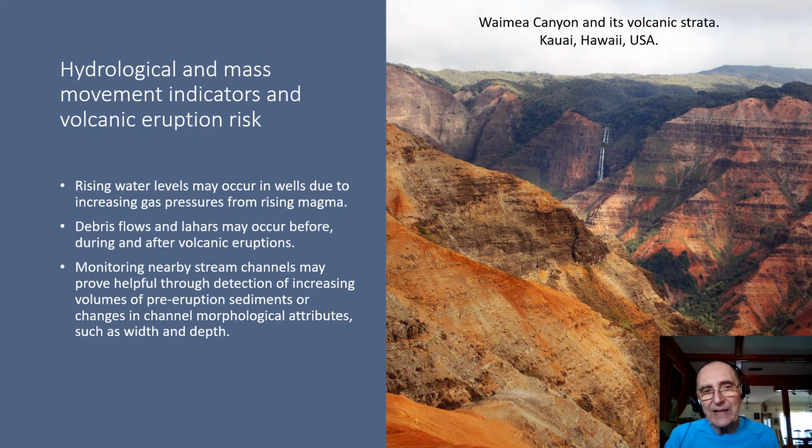Also, monitoring nearby stream channels may prove very helpful through the detection of increasing volumes of pre-eruption sediments or changes in the morphological attributes of a stream channel, such as the width of the channel and the depth of the channel.